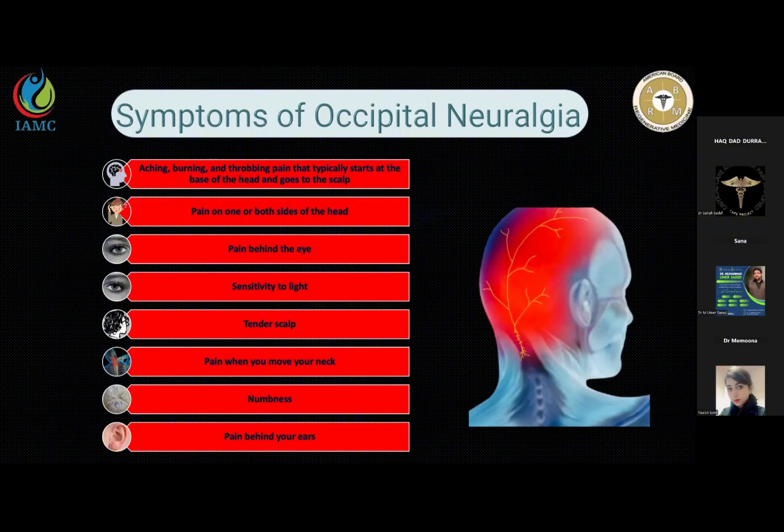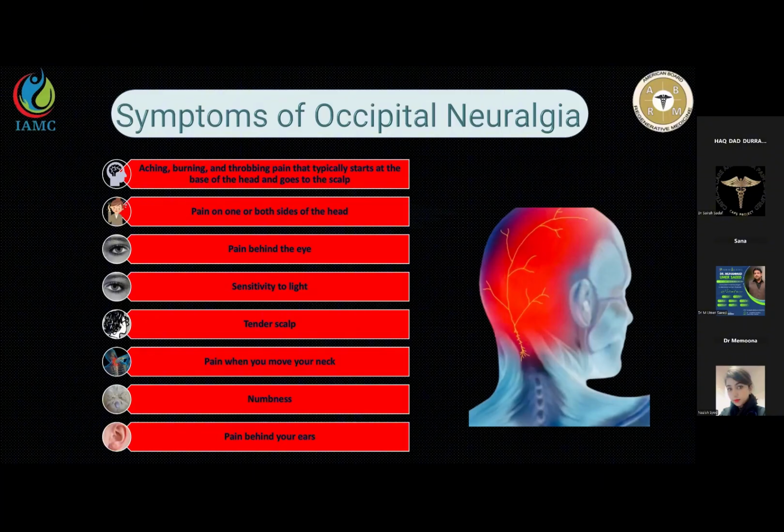You can see this is also common in migraine, sensitivity to light. But in occipital neuralgia, you have tenderness around the occipital areas, and you have a tender scalp. In migraine, you will not have a tender scalp. Pain when you move your neck, meaning the range of motion is disturbed. Numbness is also a characteristic of neuropathic pain, and the pain is behind your ears.